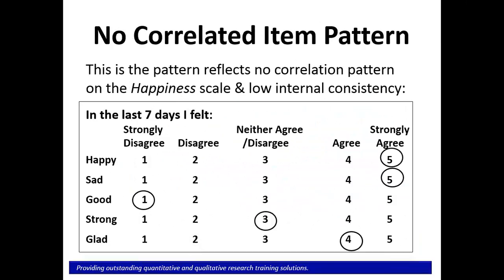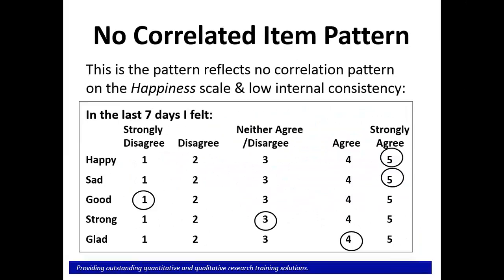Now what if you had something like this? This looks like a non-correlated item pattern. So this person said happy 5, they've been really happy in the last 7 days, but they've also indicated in the last 7 days they've been extremely sad too. And then they indicated they didn't feel good, they neither agree nor disagree on strong, but they have felt glad.